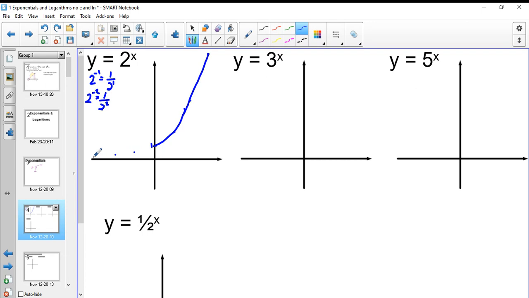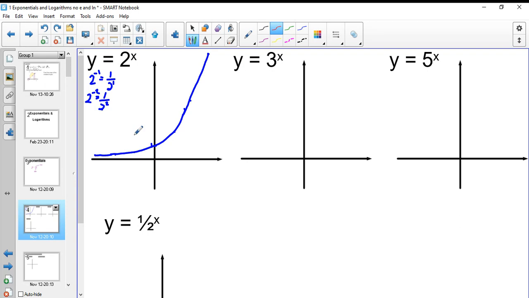When x is minus 3, we have an eighth. When x is minus 4, a 16th, a 32nd, a 64th, and so on. As x gets more and more negative, y gets smaller and smaller. It won't, however, become 0.